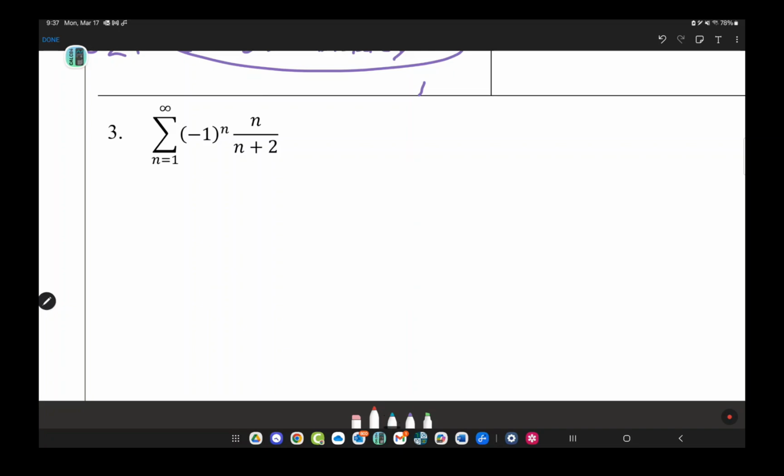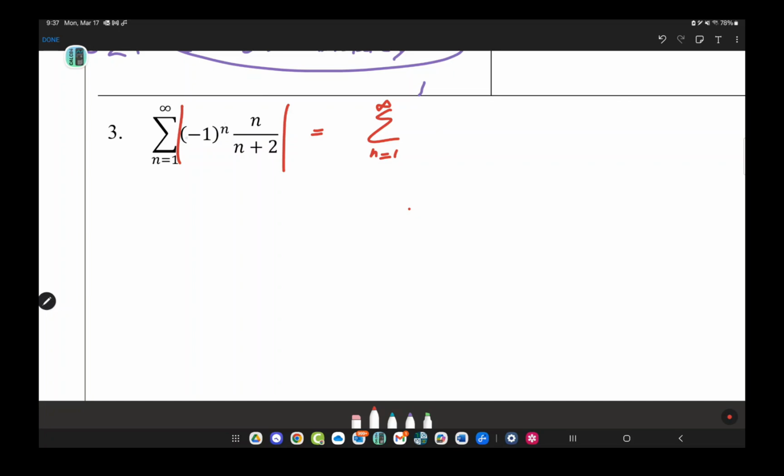Same setup, same absolute value. These are a lot of alternating series, right? So most likely, if this diverges, I'm going to do another alternating series test. This gives me the sum as n goes from 1 to infinity, and this right here just goes away.